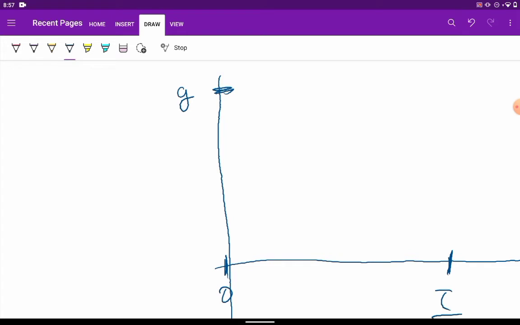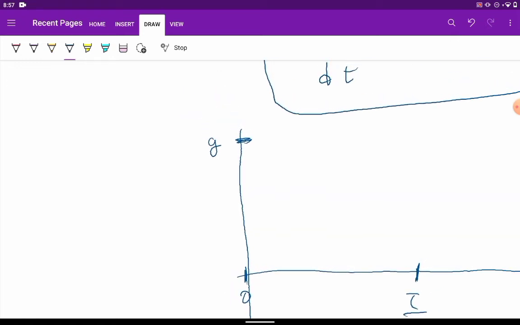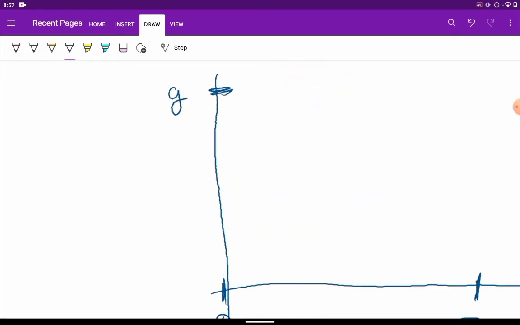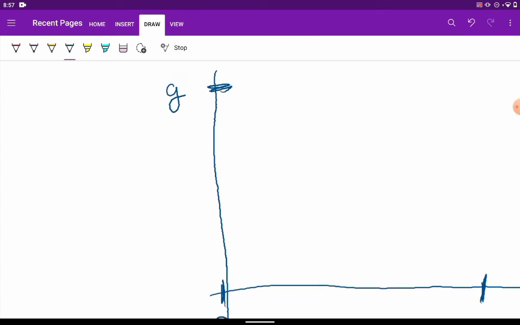So it depends whether the angle alpha is more than 45 degrees or less than 45 degrees. It's not mentioned in the question anywhere, so we'll just assume one of the two, right?